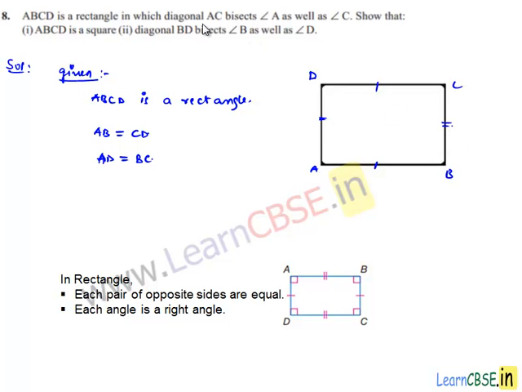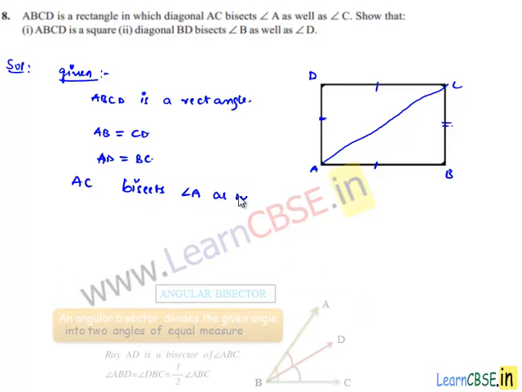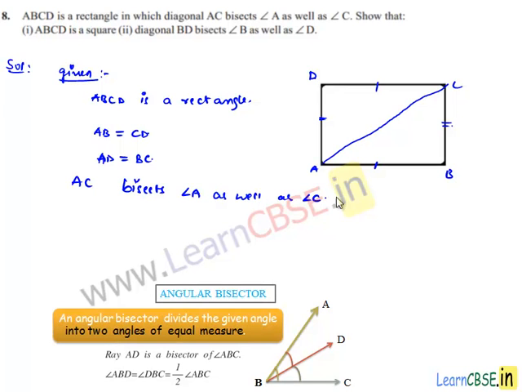He also says that diagonal AC bisects angle A as well as angle C. So here if we consider angle A, angle DAC will be equal to angle CAB, as AC is bisecting angle A.